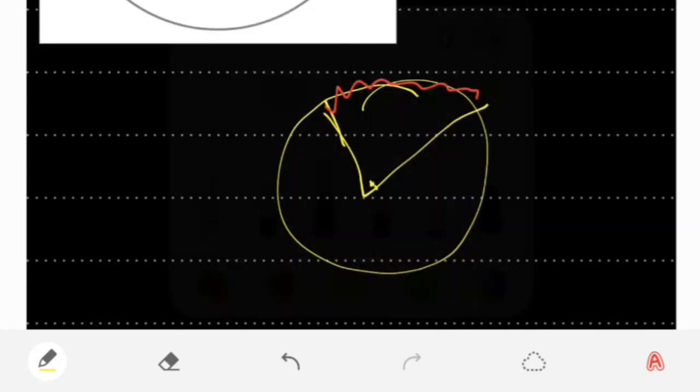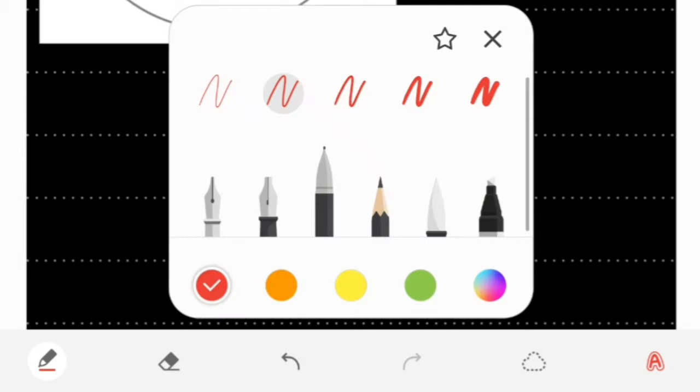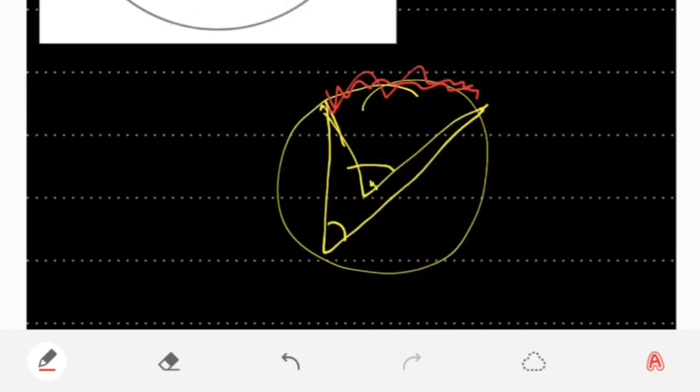If we have another angle over here, you can see that both angles see the same arc, and they have a relation between them.